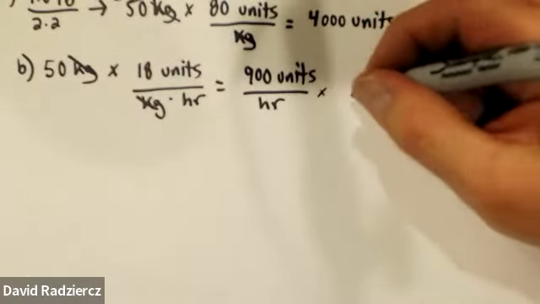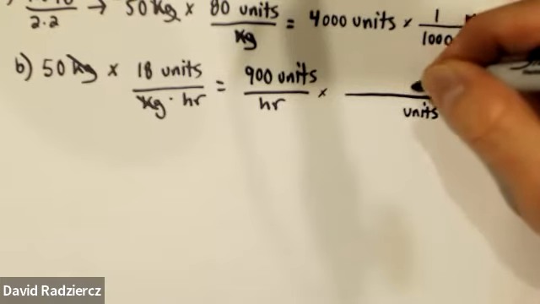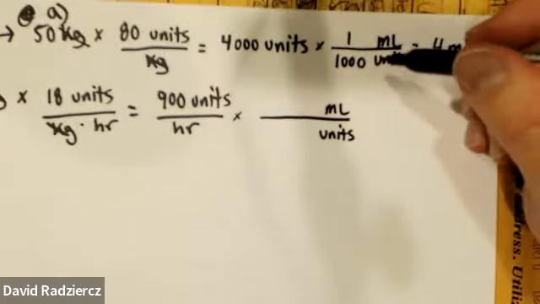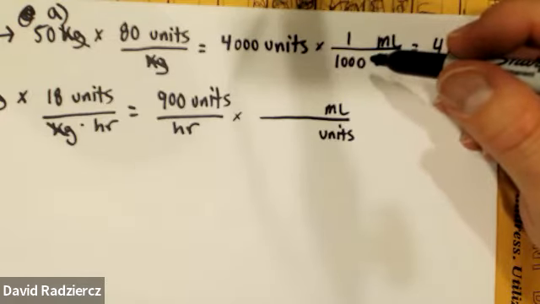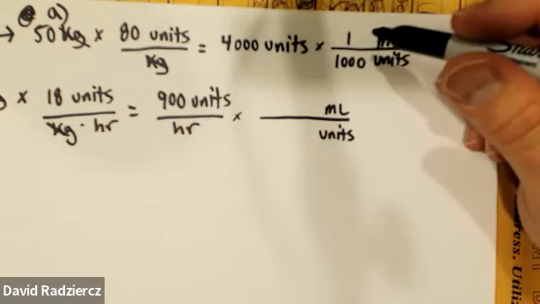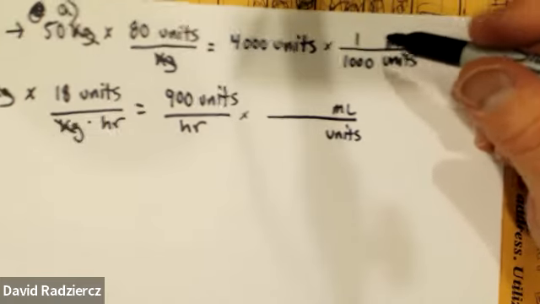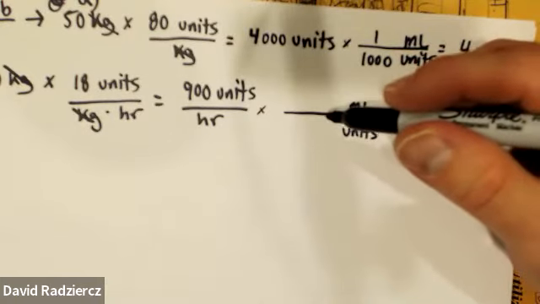So I want to get rid of units and I want milliliters. Now, I'm not going to use the 1/1000 here because we're not talking about bolus anymore, right? We only do bolus strength with bolus calculations. We're doing the IV infusion rate and we're going to use the IV bag for that.